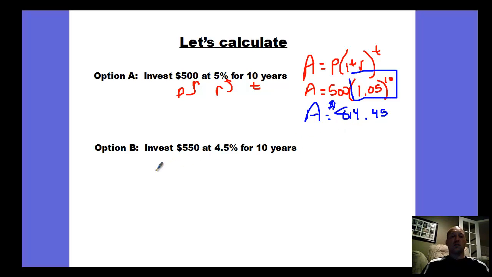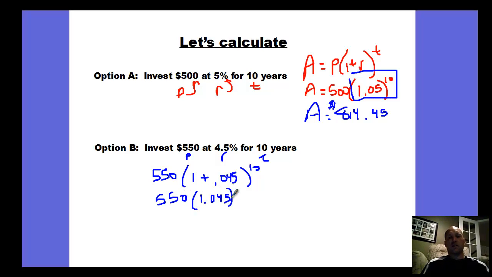So here's the second one here. So 550. This is our P value, our rate, and our time. So this one's going to be 1 plus 0.045 to the 10th power, or 550 times 1.045 to the 10th power.